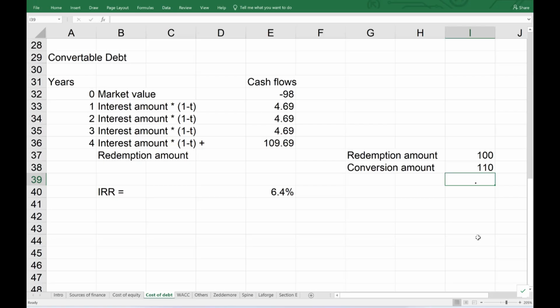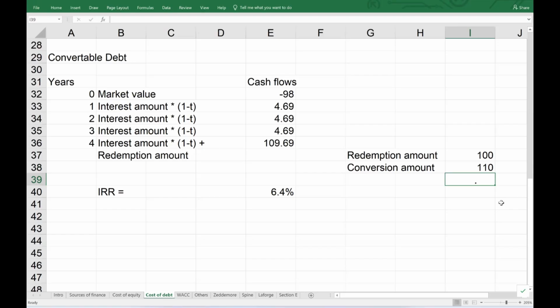Investors are rational. The bondholder will decide at the expiry date which option is more beneficial for them. Since the share price on that day is 5.5, he will say, give me shares, I don't need my money back, because he can sell the shares immediately at 110.